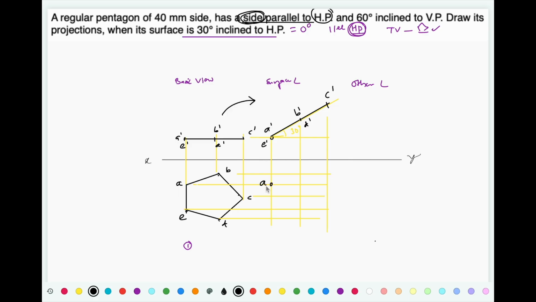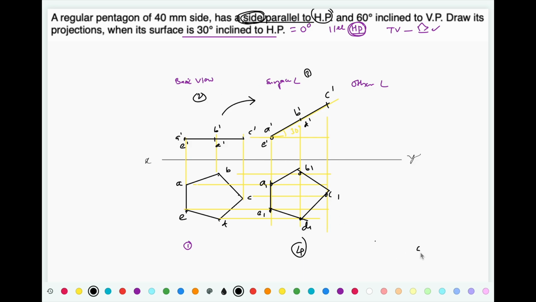So this is A1, this is E1, this is B1, C1 and D1. Connect those points and complete the view. So this is the fourth view, this is third and this is second view.